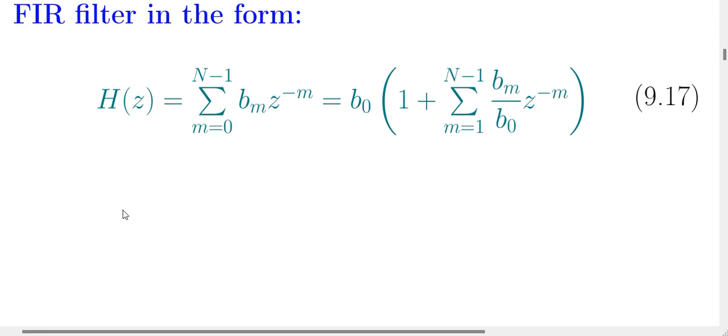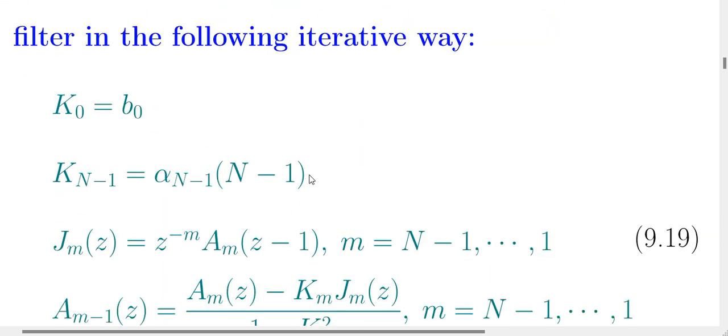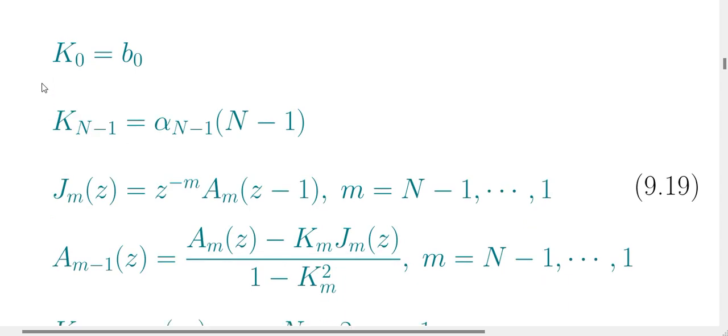Considering the structure of the direct form of the FIR filter in the form h of z, and considering capital A of N minus 1 of z being equal to 1 plus sigma m from 1 up to capital N minus 1 alpha n minus 1 of m, and having alpha n minus 1 of m being equal to bm over b0, it is possible to find the coefficients of the lattice filter in the following iterative way.